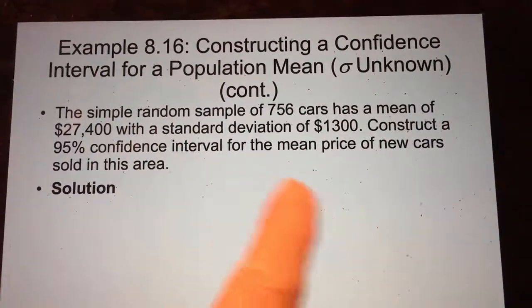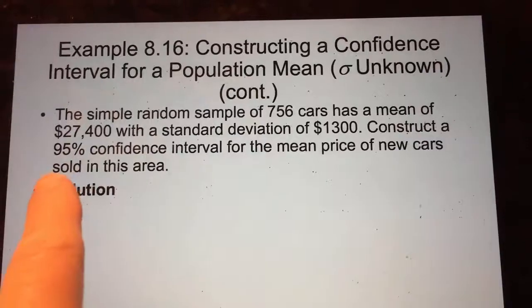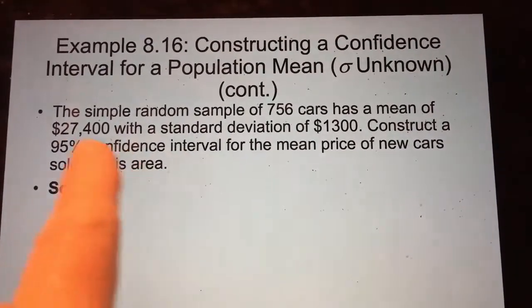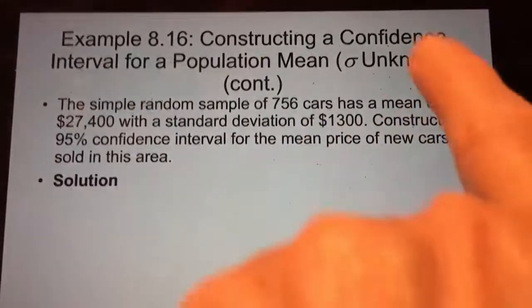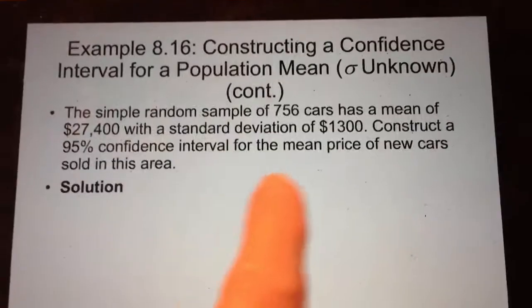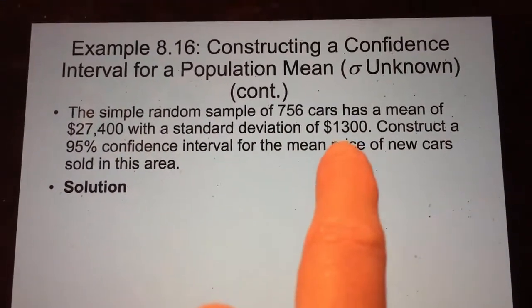Remember, this is sample data. So we need to construct a 95% confidence interval, and we do not know the standard deviation of the population. We only know a sample standard deviation.